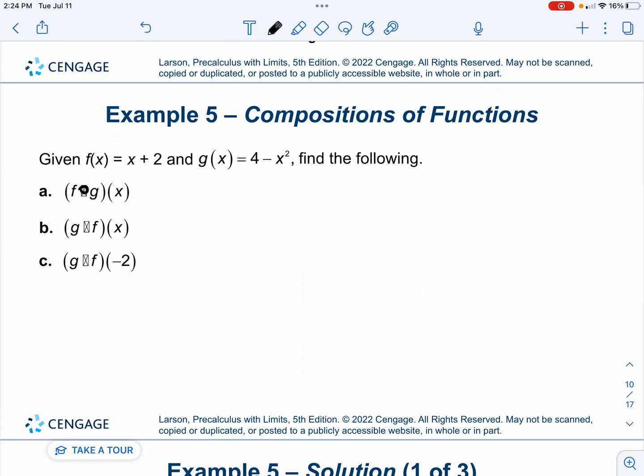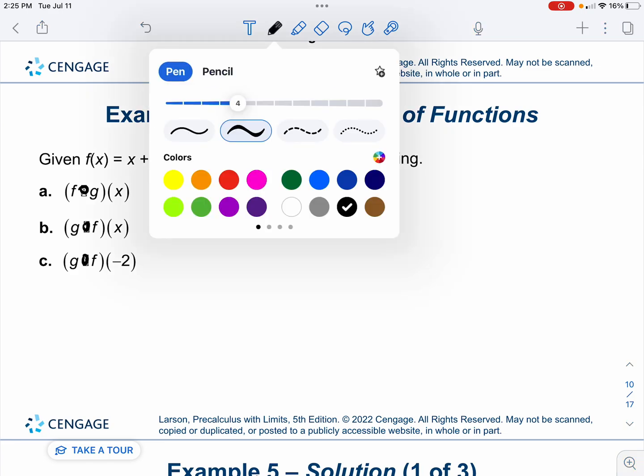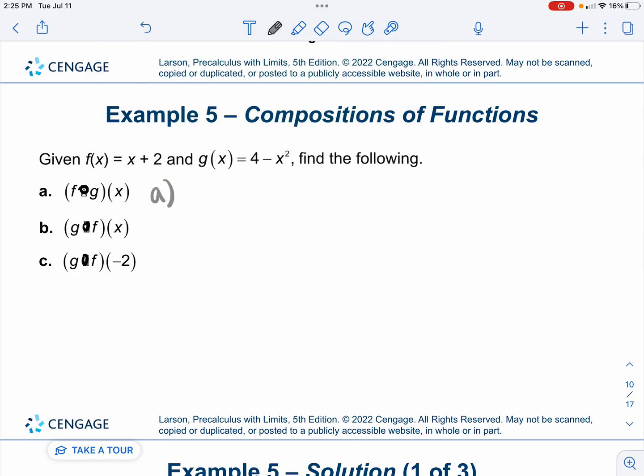First, f composite g of x. Next, g composite f of x. And then part C is g composite f of negative 2. So let's start with part A, f composite g of x. Composition means you are going to run the x through the g function first, and then that expression through the f function.